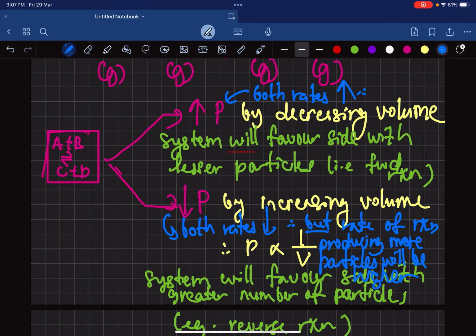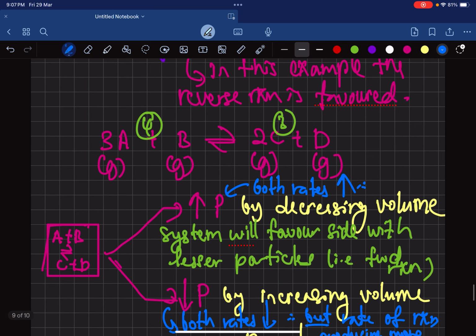Okay, so in this case both rates will go up, but the rate of reaction producing lesser particles will be higher.